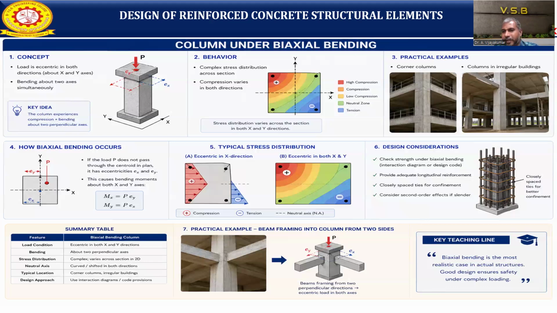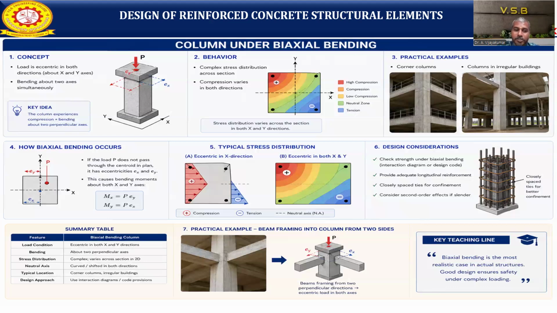Now see the practical example of how closely spaced ties give better confinement against failure of a biaxially loaded column. Here is the summary for biaxial bending. The load condition: the load is acting in both directions, x and y. Bending also takes place about the two perpendicular axes, both x and y.